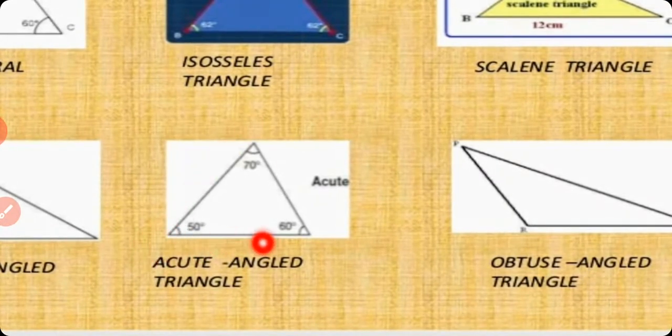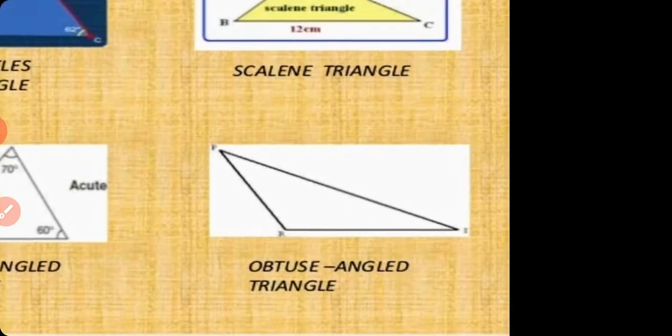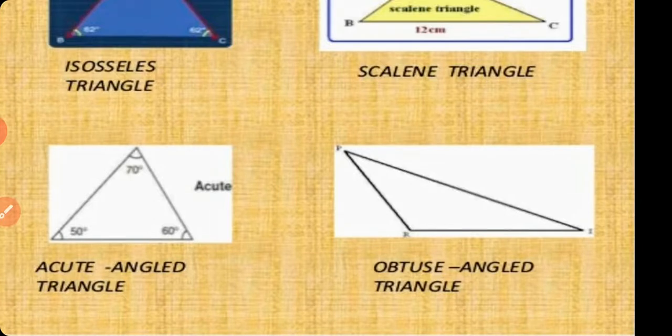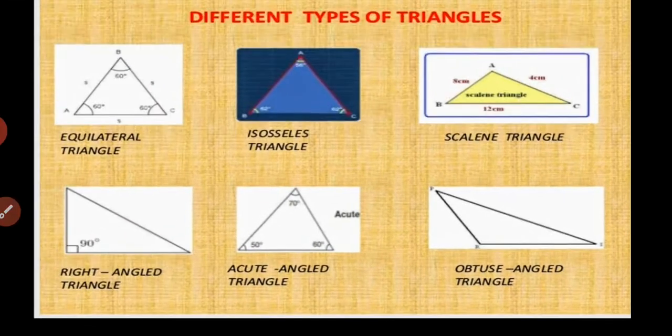In a triangle, when each angle is less than 90 degrees, then this triangle is called an acute angle triangle. Last one is obtuse angle triangle. See, here this angle is greater than 90 degrees, then this triangle is called an obtuse triangle.